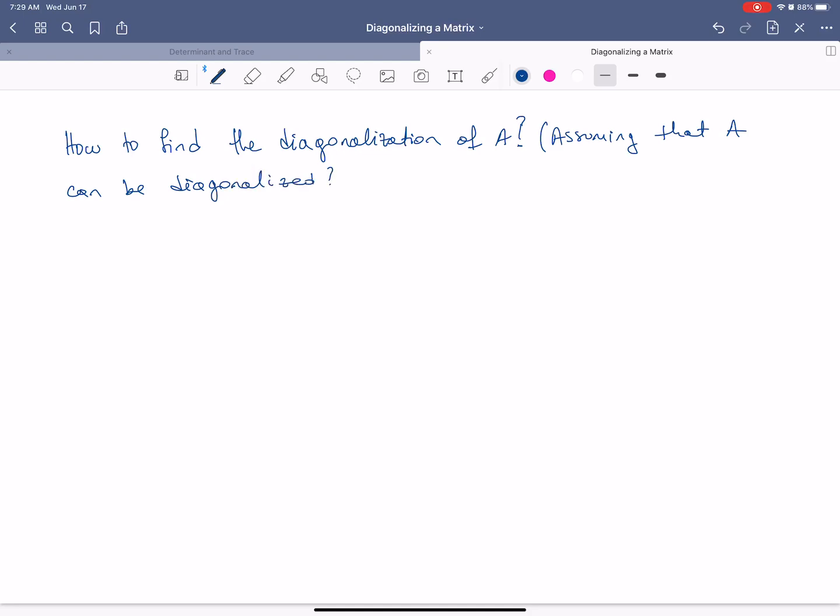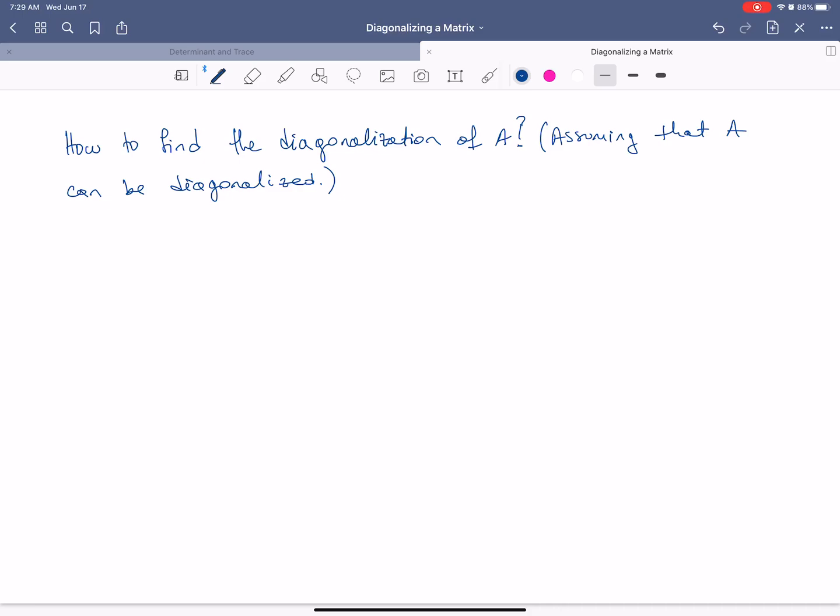I'll mention briefly when A cannot be diagonalized, although all the examples that we will see will be of special A's that do admit diagonalizations. So how to find the diagonalization of A?